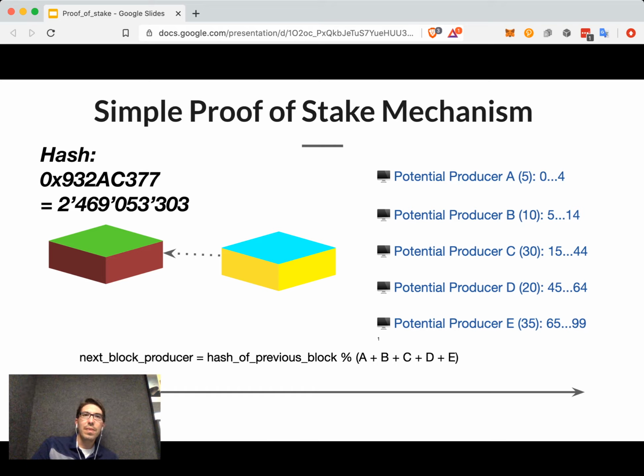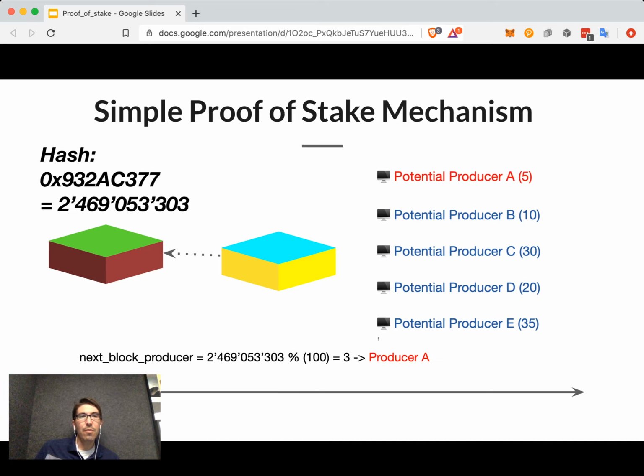So this is the basic concept of proof of stake. Your ability to produce blocks is based on the amount of stake that you hold. So here we can see if we take the hash, modulo 100 is 3, which means that potential producer A actually gets to produce the next block.